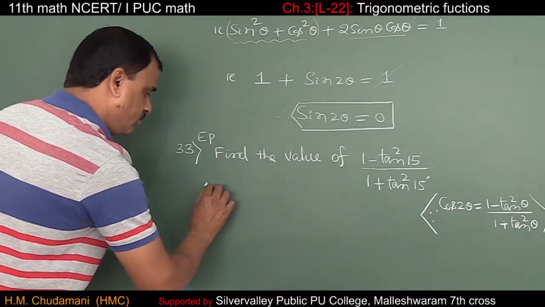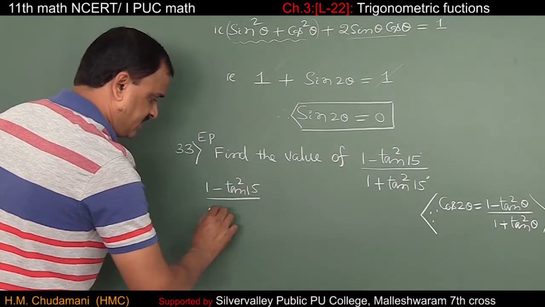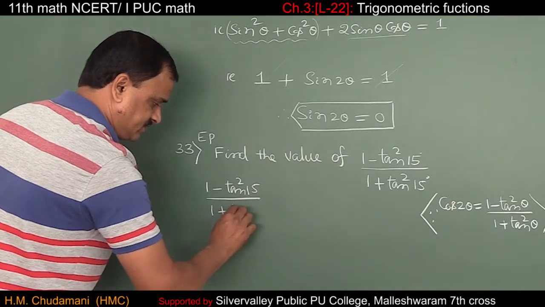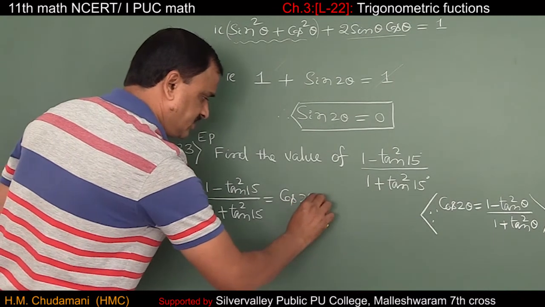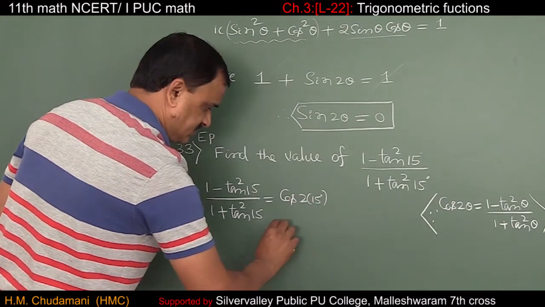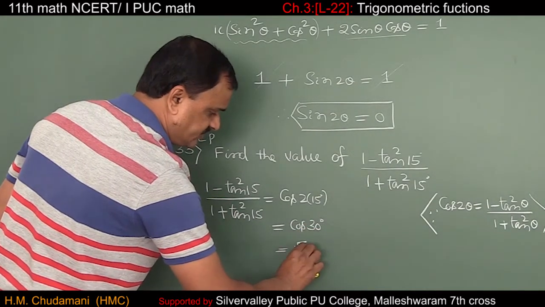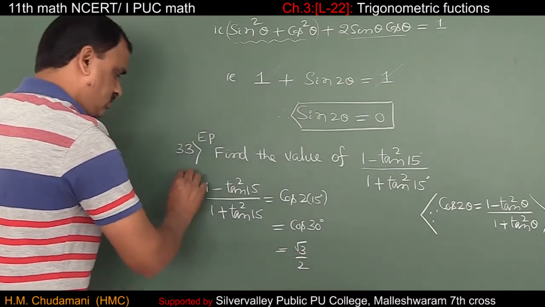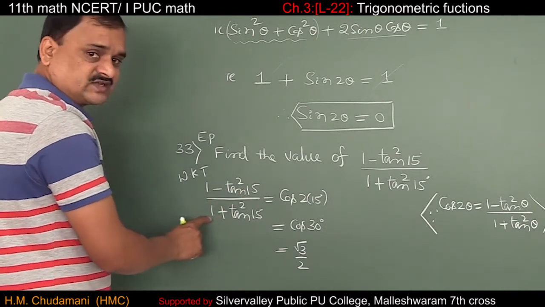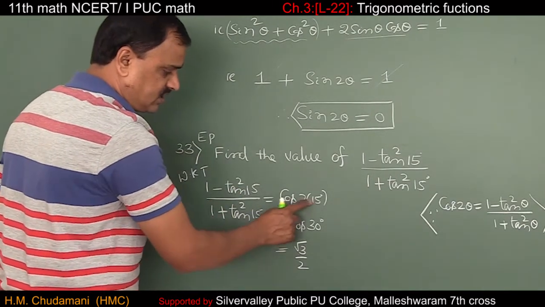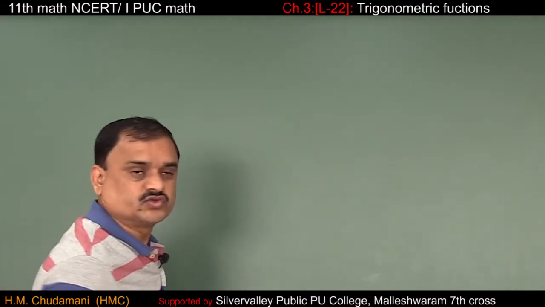So 1 minus tan square 15 divided by 1 plus tan square 15 can be written as cos 2 into 15, which is nothing but cos 30 degree. Cos 30 degree is root 3 by 2. This is a formula: 1 minus tan square theta by 1 plus tan square theta is cos 2 theta. That's it. Next, question number 34.